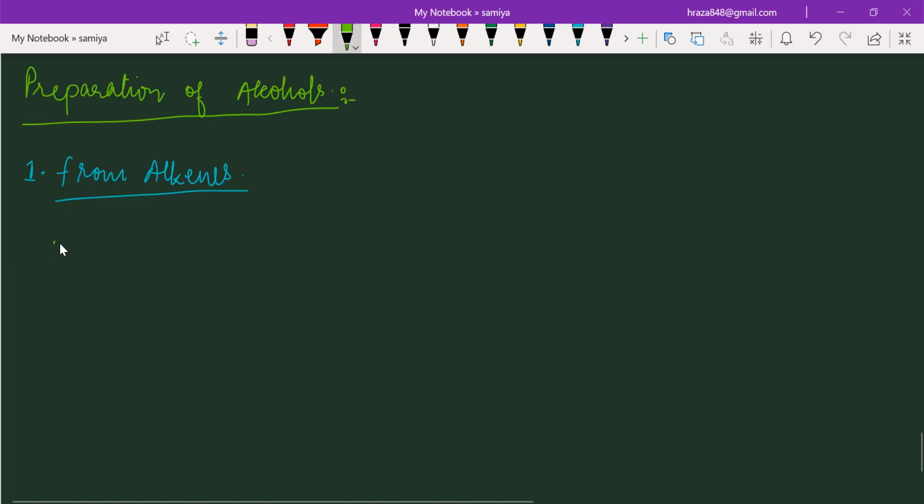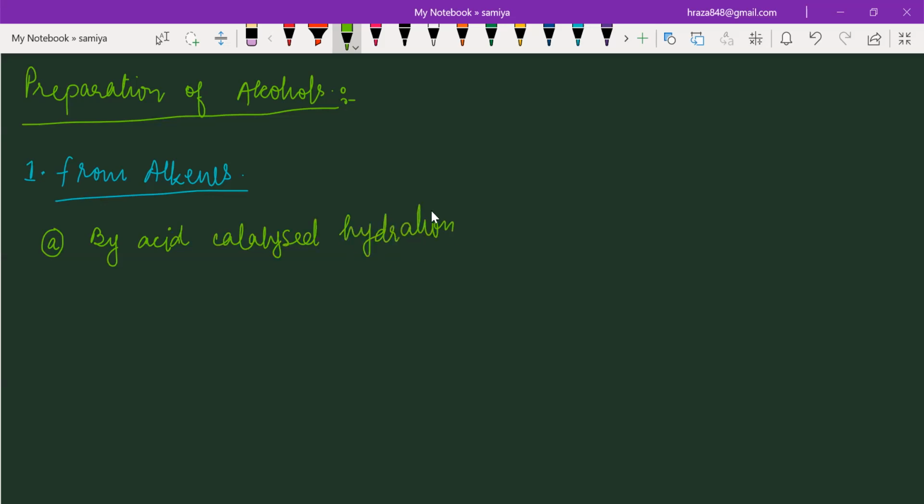In this, we have the first method, that is acid catalyzed hydration. Hydration means addition of water in the presence of acid. That is called acid catalyzed hydration.